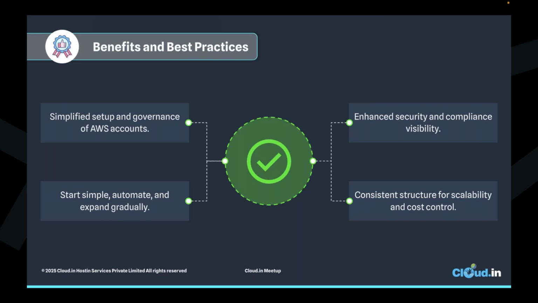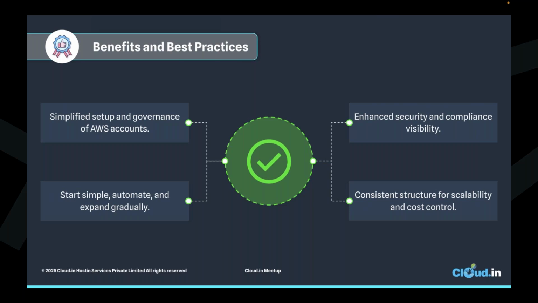Last but not the least, start simple, automate, and expand gradually. When implementing your landing zone, don't just try to do everything at once. Start with a simple structure that fits your current needs, then gradually expand as your organization grows.